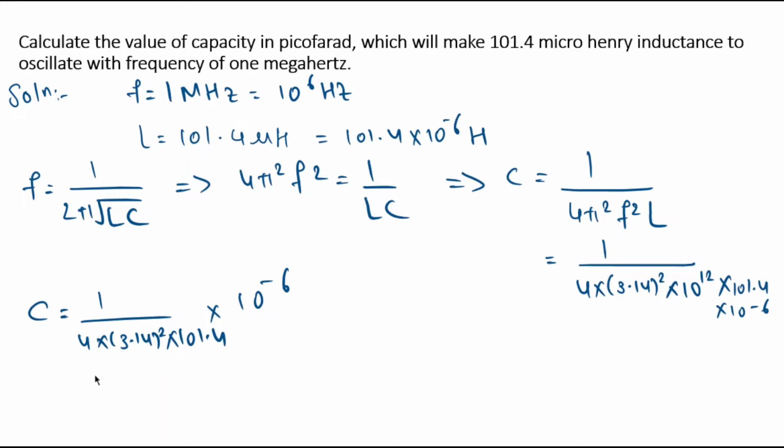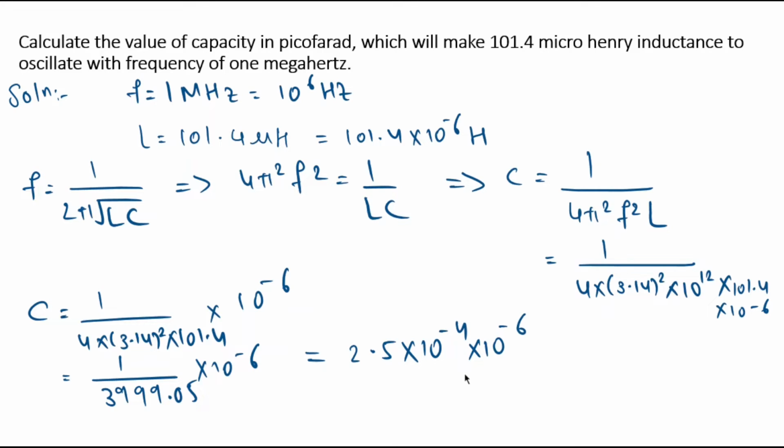Now calculating this, we get 1 divided by 3999.05 into 10 raised to minus 6, which will be equal to 2.5 into 10 raised to minus 4 into 10 raised to minus 6. Now 10 raised to minus 4 and 10 raised to minus 6 is 10 raised to minus 10.